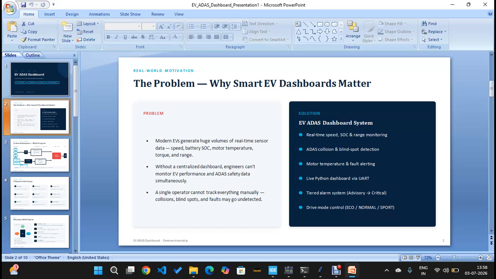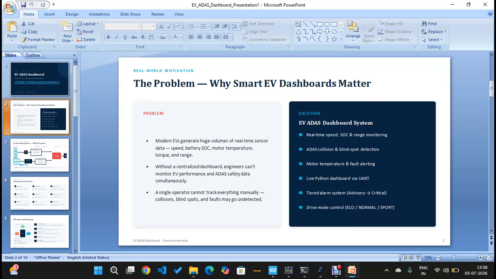So the problem: why a smart EV dashboard matters. A modern EV generates a huge volume of real-time sensor data, but we cannot get the data accurately, like speed, battery SOC, motor temperature, torque, and range.